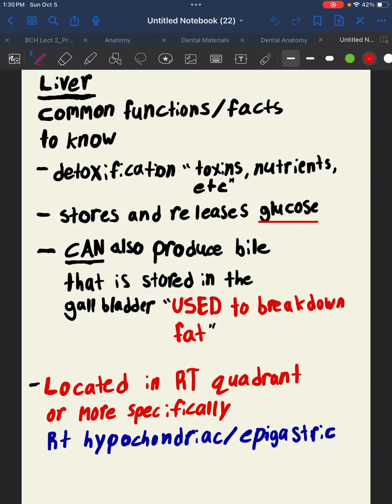Another major function of the liver is it's going to be a source of glucose, so it stores glucose, and then it also has something known as glycogen located in it, and glycogen can actually be broken down via the hormone known as glucagon, and glucagon will cause that glycogen to be converted into glucose, which can then go into systemic circulation and increase your overall blood glucose levels. So it stores and releases glucose.